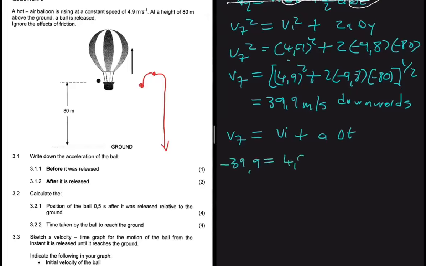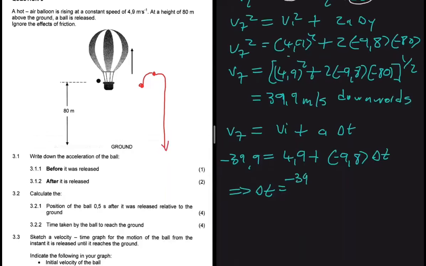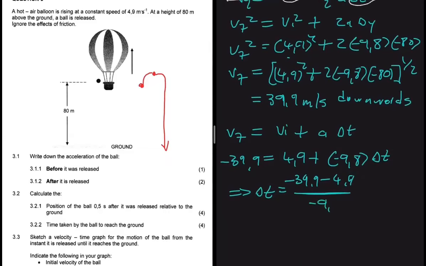Vi is 4.9, plus a, which is minus 9.8, multiplied by delta t. So we can see that delta t is going to be equal to minus 39.9 minus 4.9, everything divided by minus 9.8. And then this will be equal to 4.57 seconds. So that's the time taken by the ball to reach the ground.